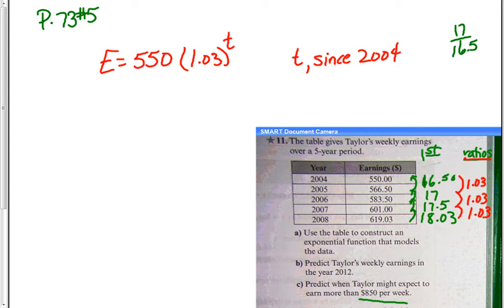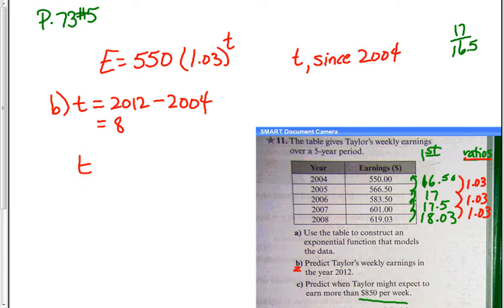There's our equation, and we want to know Taylor's weekly earnings in the year 2012. So for B, I need to know my t value. The time for 2012 is how long that was since 2004, which would be 8 years.